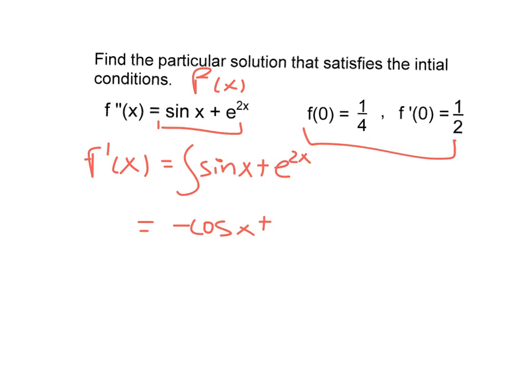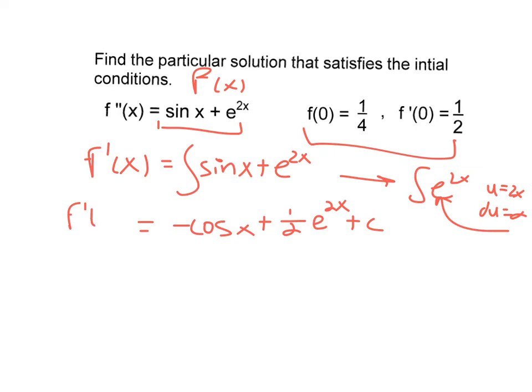If you need to do it off to the side, feel free, but the integral of e to the 2x, if u was 2x, that means du is 2. There's no 2 here, so I have to write it as 1/2 e to the 2x, right? Plus c. All right, so there's my f prime of x.